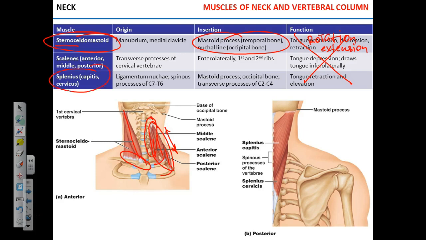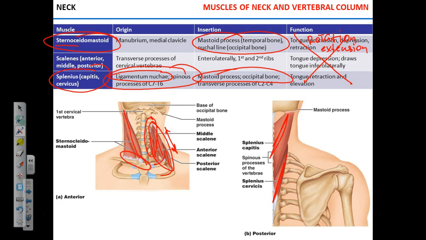Splenius muscles, shown here: splenius capitis and splenius cervicis. They originate in the vertebral column, the last cervical vertebrae and first 6 thoracic vertebrae. Ligamentum nuchae is the long ligament that runs along the vertebral column. So they originate in the vertebral column, upper thoracic portion, and they are attached to the temporal and occipital bone. Let me see if I can see splenius.